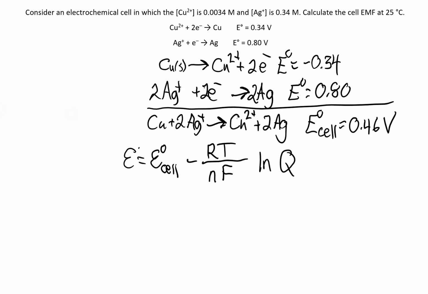So in this particular case, we're going to get E cell minus RT over NF ln of products over reactants, so copper 2+ all over silver squared.